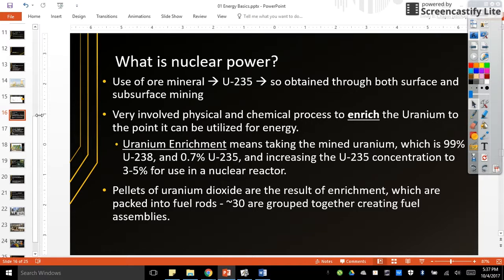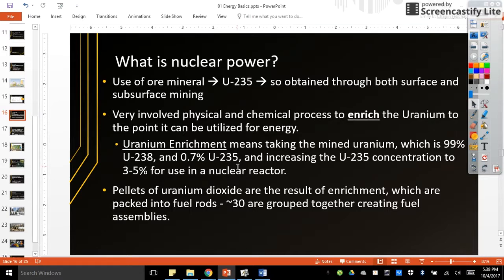An isotope is a form of an element with a different number of neutrons in the nuclei from the normal element that we see on the periodic table. So U-238 has 146 neutrons and 92 protons, whereas U-235 has 143 neutrons and 92 protons.